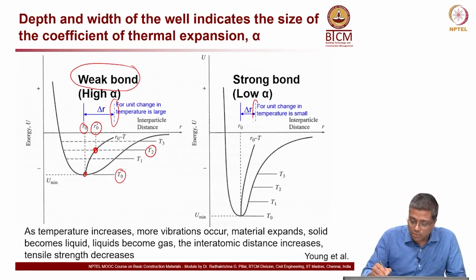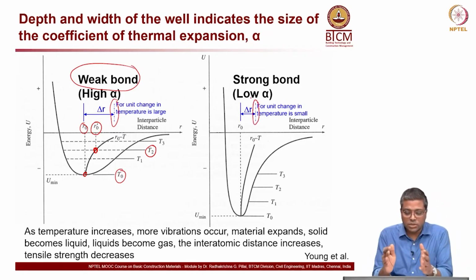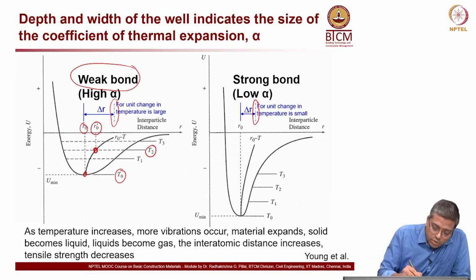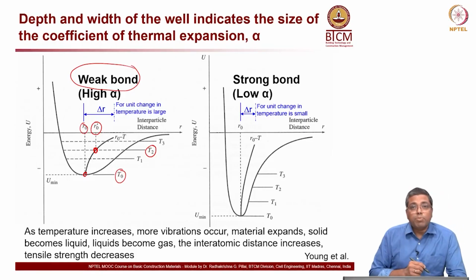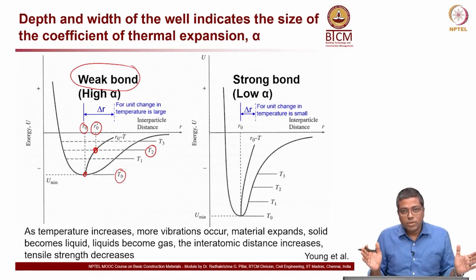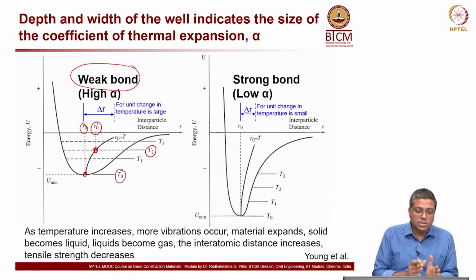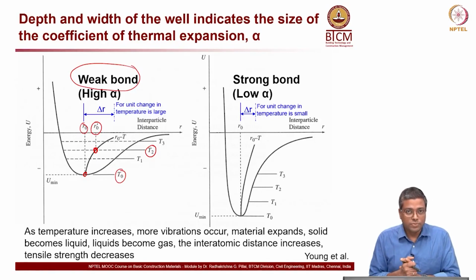Here also same thing, dash means it is varying, just to demonstrate that horizontal distance. Now, this delta R, that means R0 prime minus R0, if it is more, that means the material dimension has changed more as the temperature changes from T0 to T2.